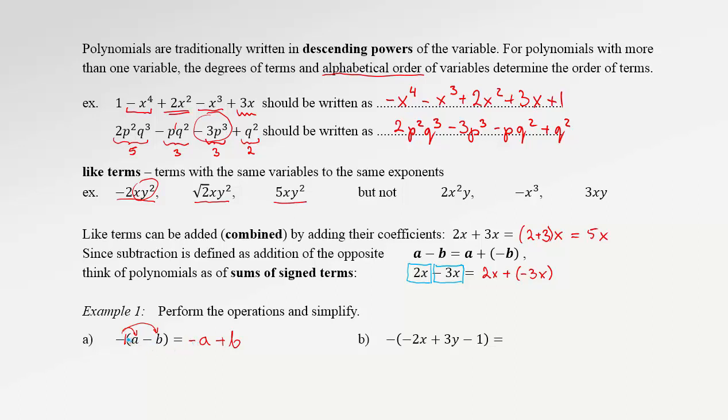The invisible positive sign in front of a becomes negative, and the negative sign becomes positive. Okay, so in the next example, we're not going to write this invisible one anymore. I would encourage you to think in a way that in order to release a bracket with a negative sign in front of it, it's enough to switch all those signs inside the bracket into opposite. So to perform this minus, we are switching the signs inside the bracket. Therefore, we have 2x minus 3y plus 1, just like that.